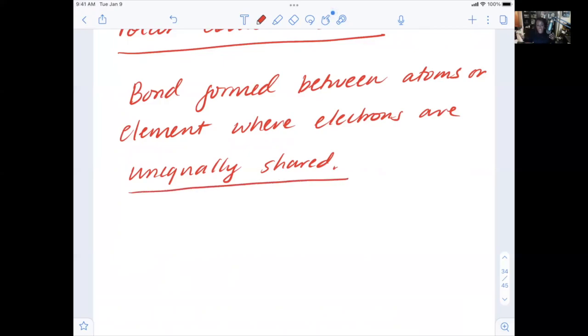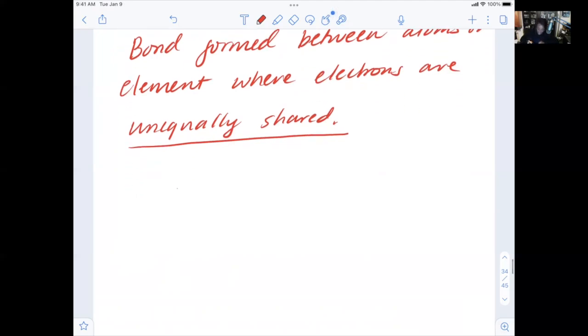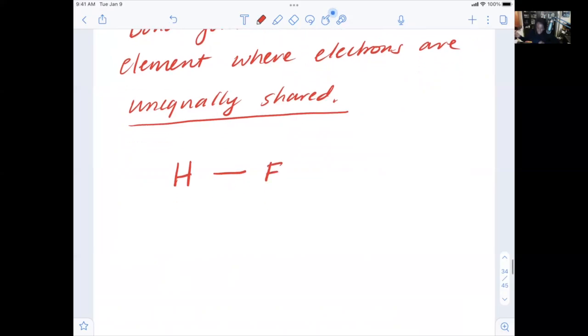For some reason, one of the elements has certain access or privilege that allows them to just have more access to the shared electron, and the reason is electronegativity, okay? So to illustrate that, I'm going to give you guys an example of hydrogen and fluorine, okay? We'll learn down the road that fluorine is the most electronegative element.